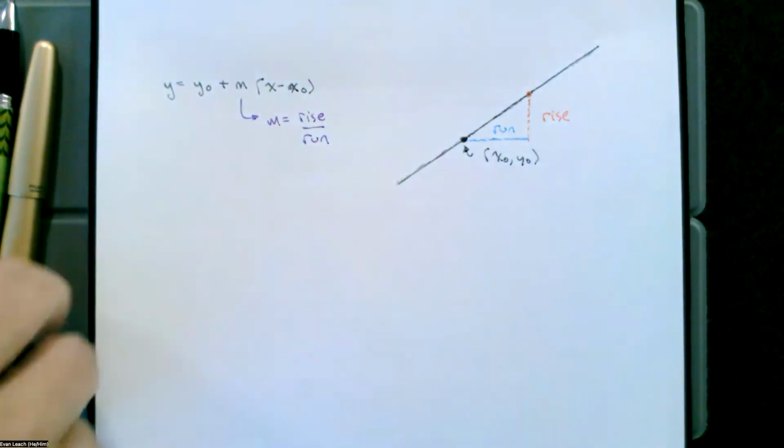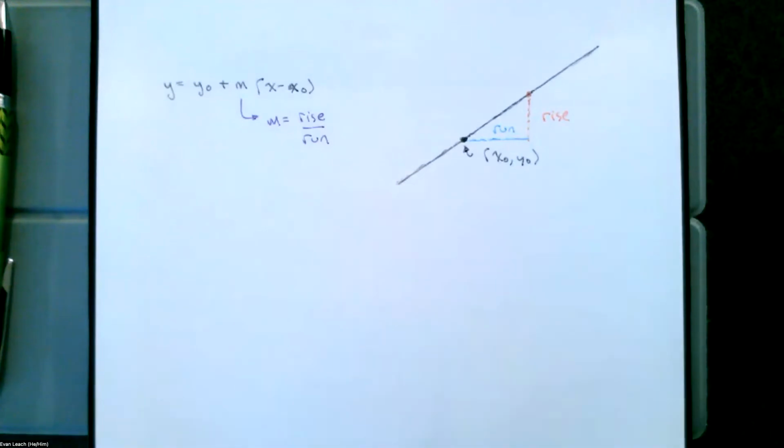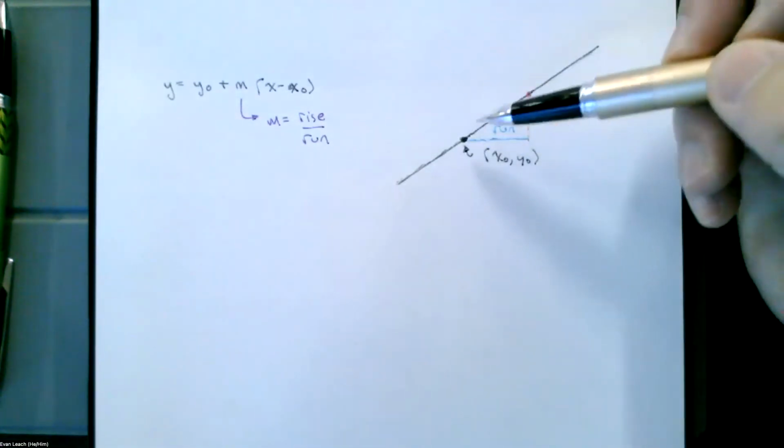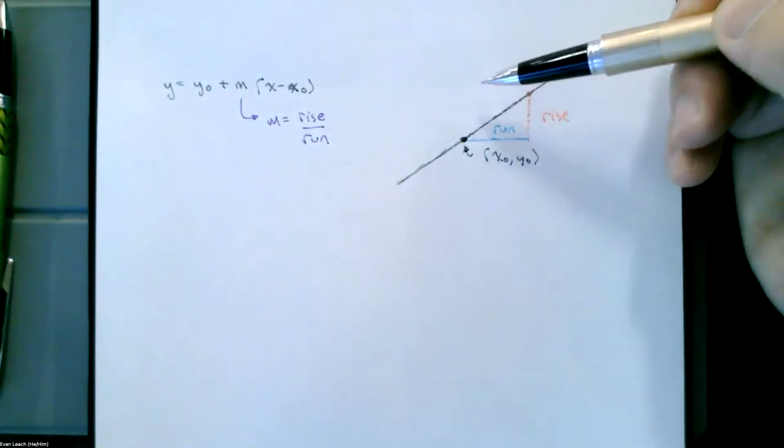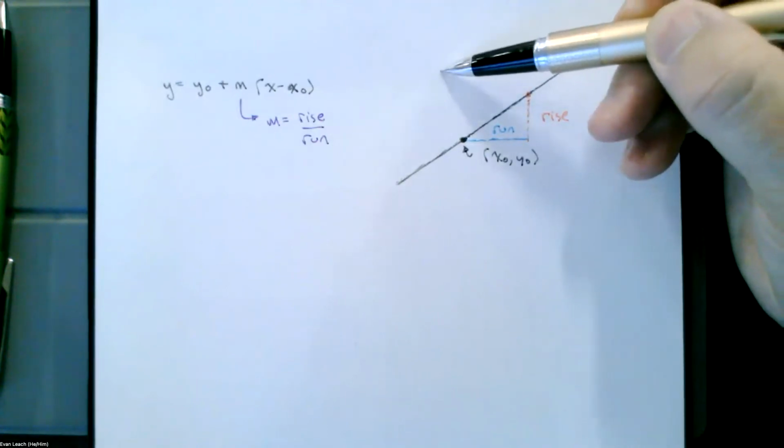So if I have a line perpendicular, here I had a 2 over 3, so I'm going to have to go 3 over 2.